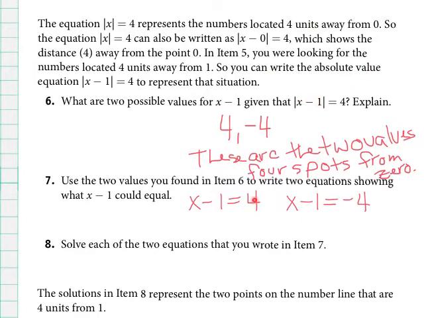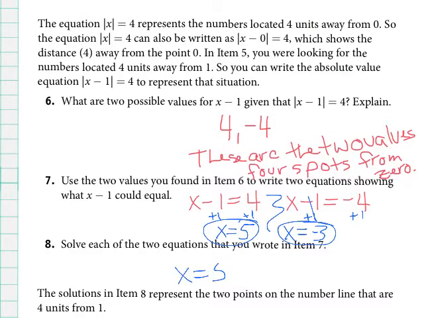So this could be 4 or this could be negative 4. So I set up my 2 equations. And now I solve those 2 equations. So add 1, x could be 5. Add 1, x could be negative 3. So I get x equals 5 and x equals negative 3.